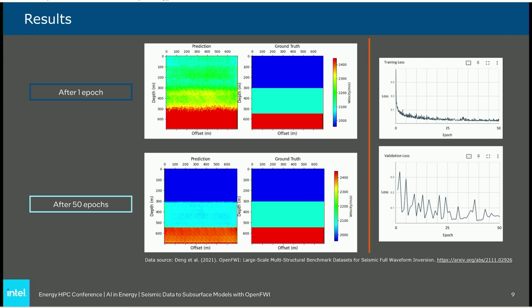But after 50 epochs, we have a much better result on the prediction on the left compared to the ground truth on the right. And on the right-hand side, I'm showing the training loss and validation curves over these 50 epochs. We do see convergence with these, and it's a good sign that we've hopefully converged to a solution.